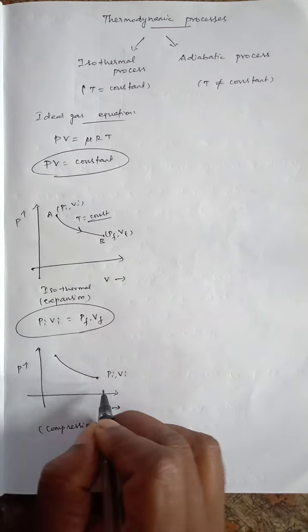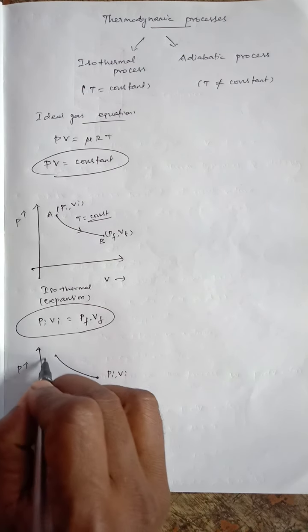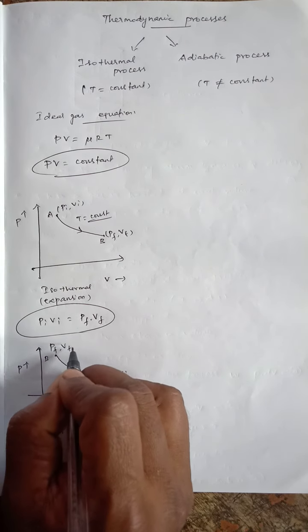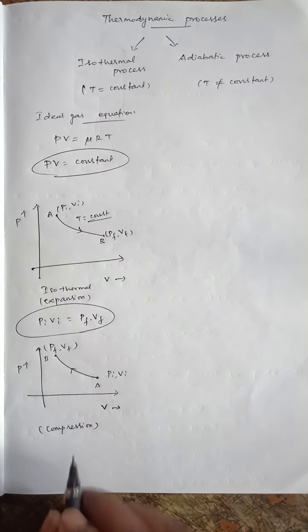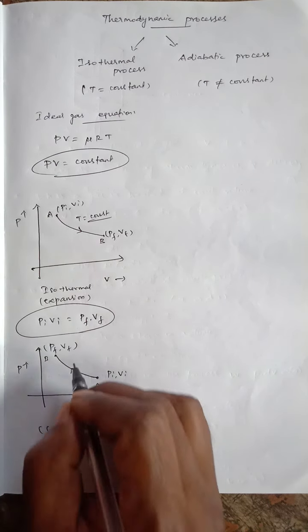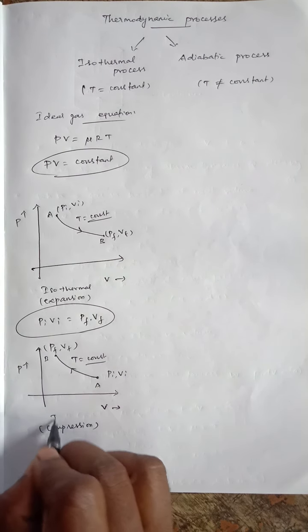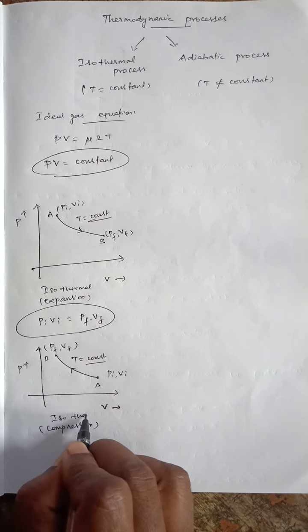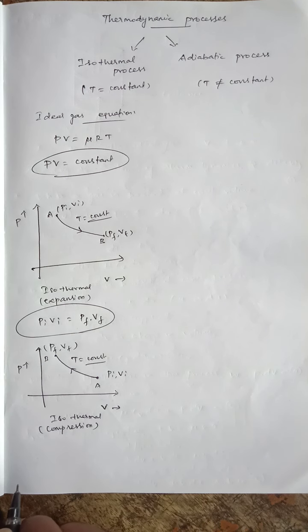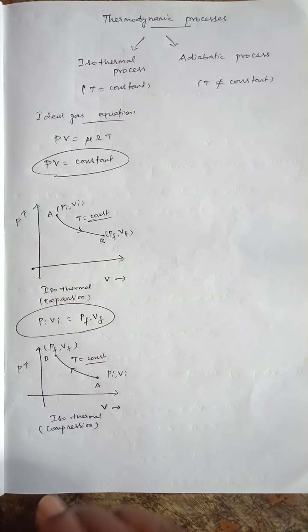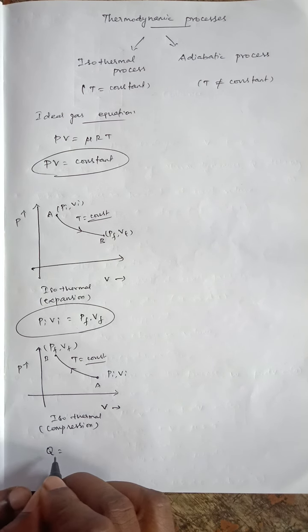Say this is A, and this is B. Here is the final pressure and the final volume. This is called compression if T is constant, which means isothermal compression.